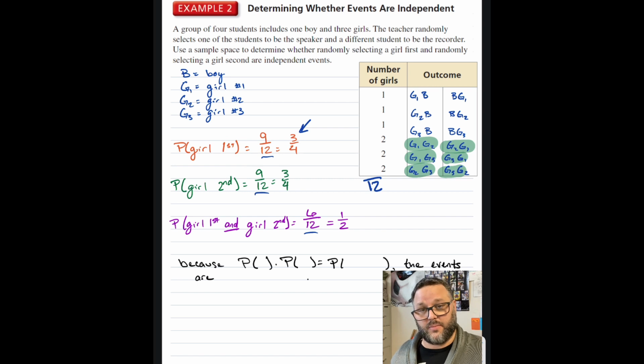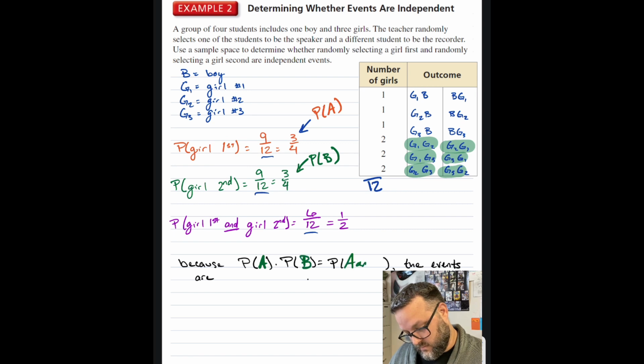Now, if this is an independent event, I can take the probability of A and multiply it by the probability of B, and I should get the probability of both A and B. Now, because 3/4 times 3/4 equals 9/16, 9/16 does not equal 1/2. So the events are dependent. And that is how I know.